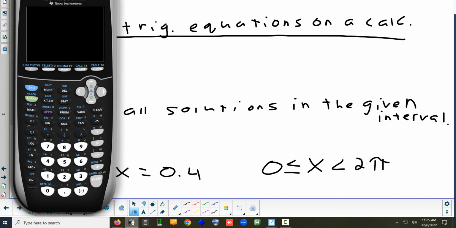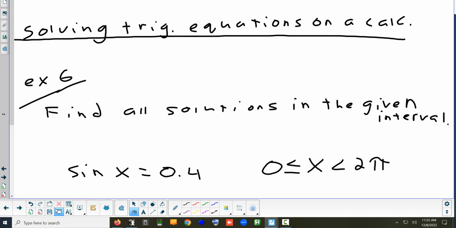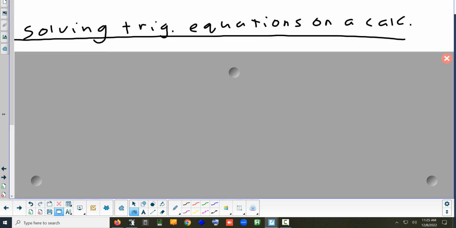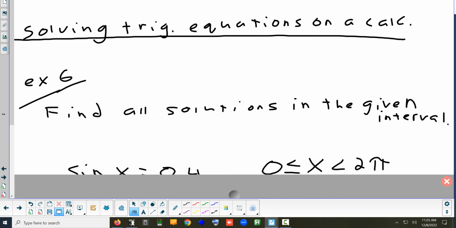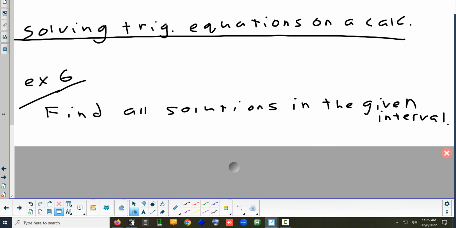Okay, so when we talk about solving trig equations, a lot of these we're going to do with algebra eventually. But I'm going to show you how you can do this on a calculator. Maybe I'll show you something with algebra quickly, but we're going to focus on the calculator. Now, one thing I want to think about when we do it, I want to think about it graphically.